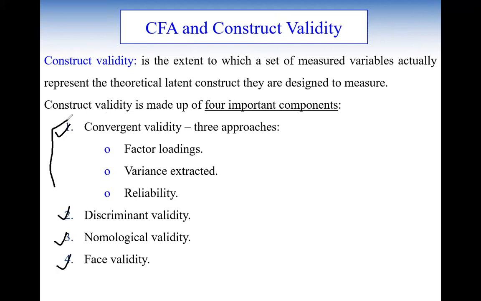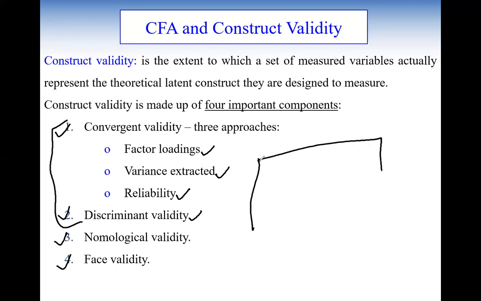Generally we give results of the convergent validity and discriminant validity. The convergent validity can be estimated through factor loading, variance extracted, and reliability. For discriminant validity, the average variance extracted should be greater than the off diagonal values.